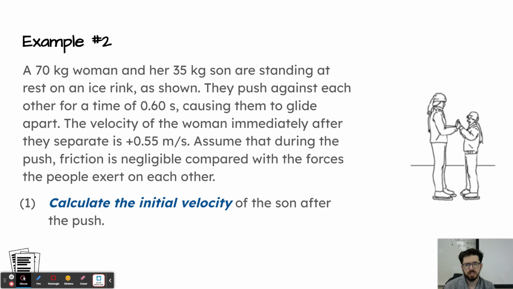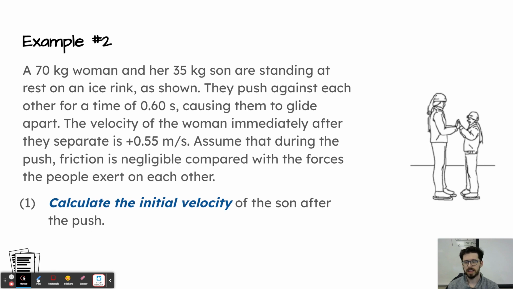They push against each other for a time of 0.6 seconds, causing them to glide apart. The velocity of the woman immediately after they separate is 0.55 meters per second. Assume that during the push, friction is negligible, so you don't have to worry about losing momentum. The question states, calculate the velocity of the son after they push.